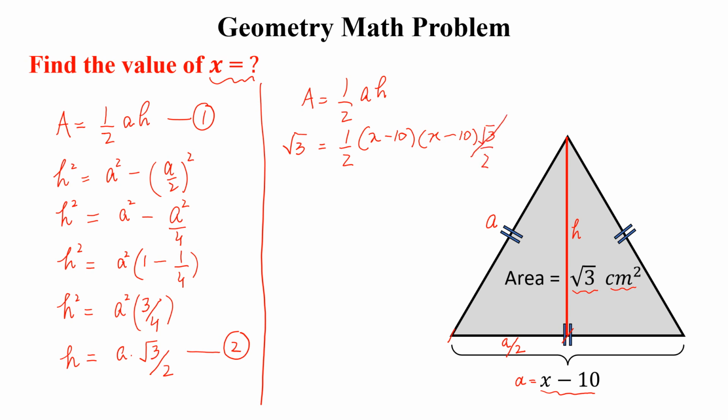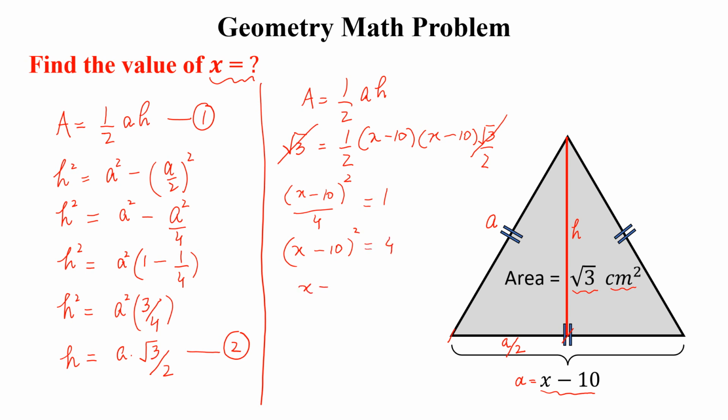Now this square root of 3 cancels with this square root of 3, and we can write (x minus 10) whole square divided by 4 equal to 1.